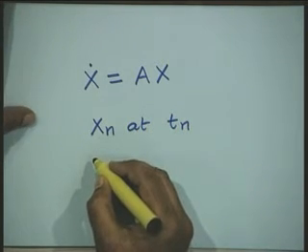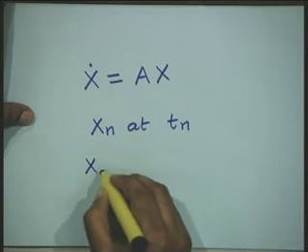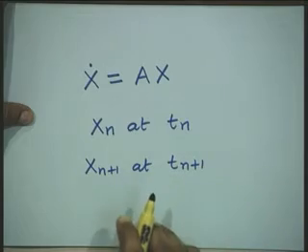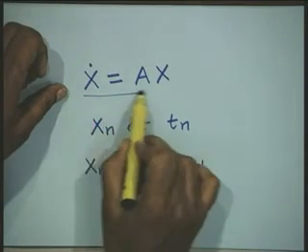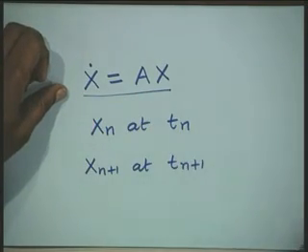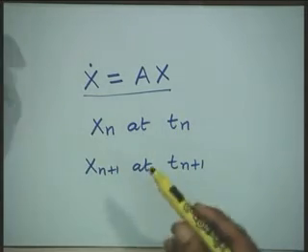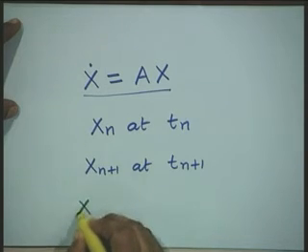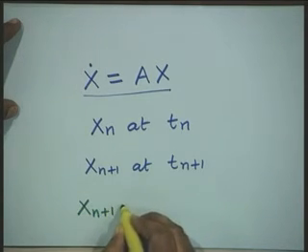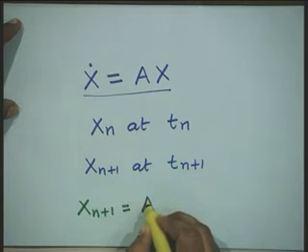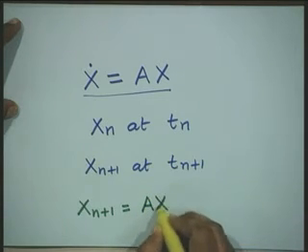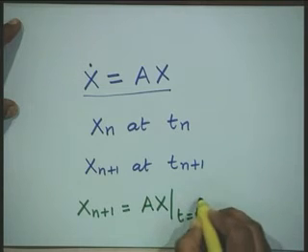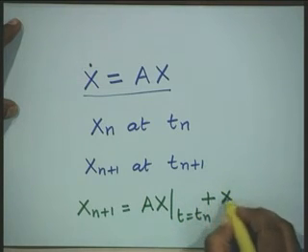We want to obtain x n plus 1 at time t n plus 1. This represents the set of linear differential equations, and applying Euler's method we can write x n plus 1 equal to A x evaluated at t equal to t n plus x n.